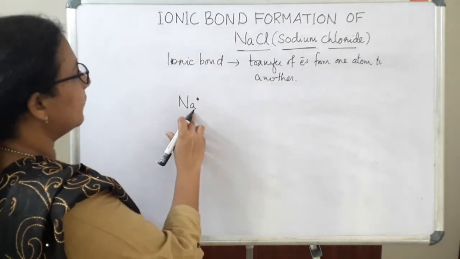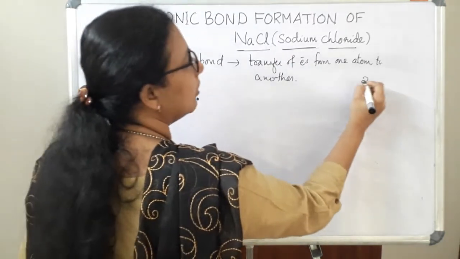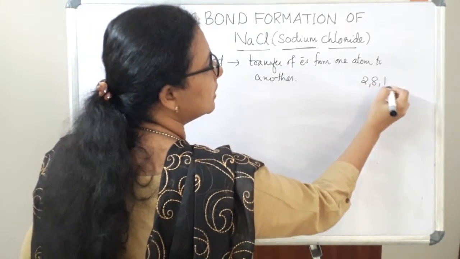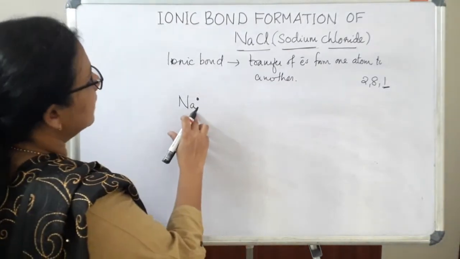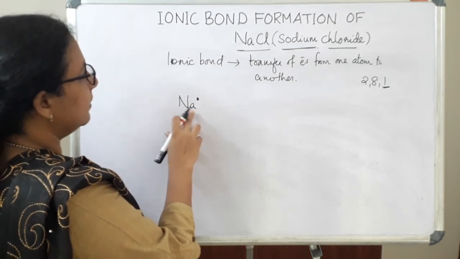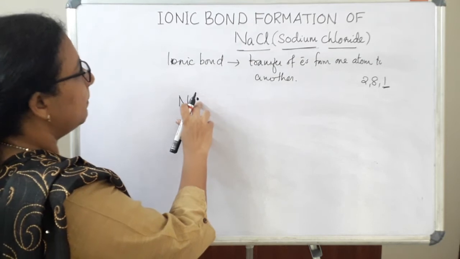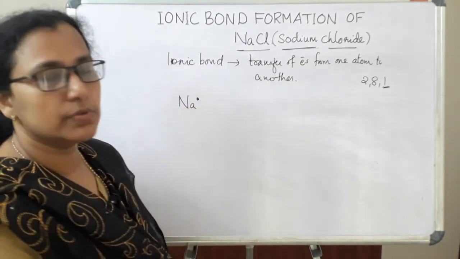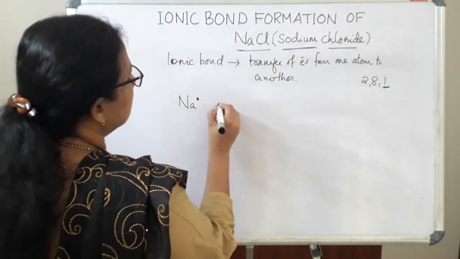In sodium, the configuration is 2,8,1, so there is 1 electron in the outer shell. We represent it by writing the symbol of sodium and putting a dot for that 1 electron. This is the electron dot structure of sodium.